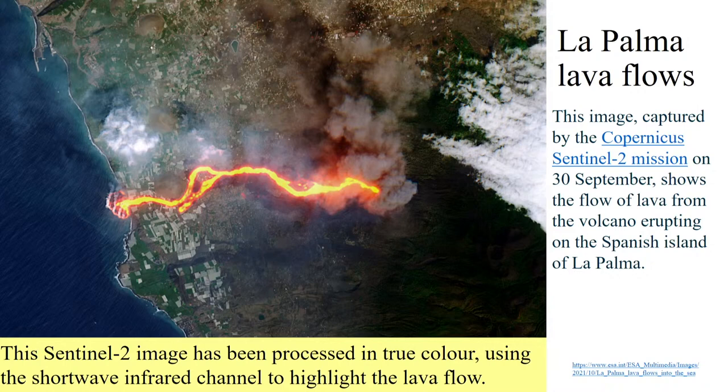This is an image which is captured in a multispectral data set. This image captured by the Copernicus Sentinel-2 mission on 30th September shows the flow of the lava from the volcano erupting on the Spanish island of La Palma.